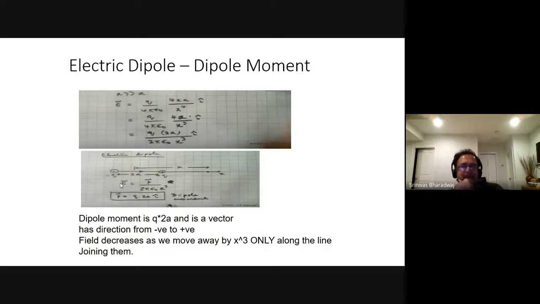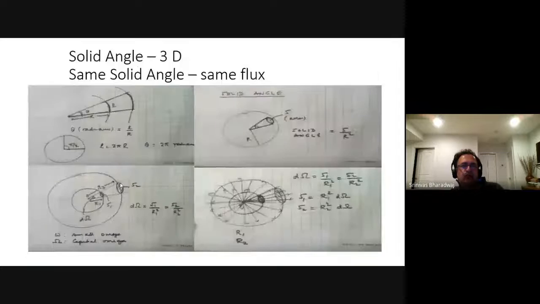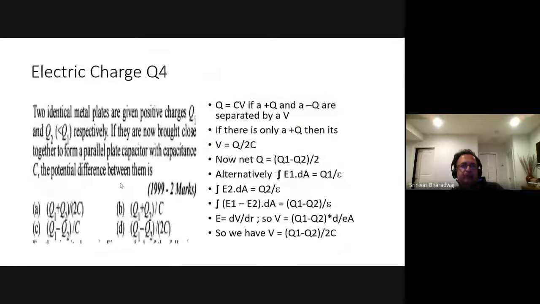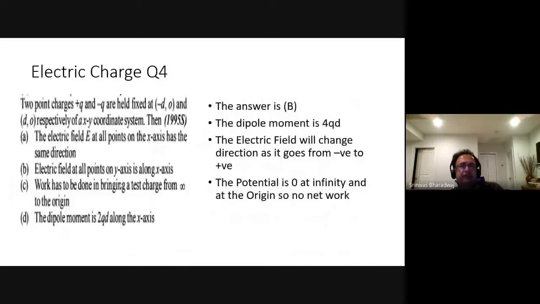Yeah, dipole moment is along the x-axis, so it is minus q at, right. So the answer is B. And 2q times d along the x-axis, or is it minus 2q times d? Right.